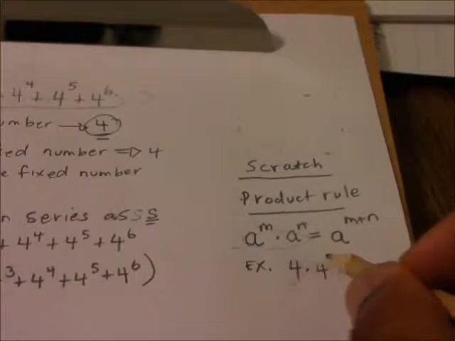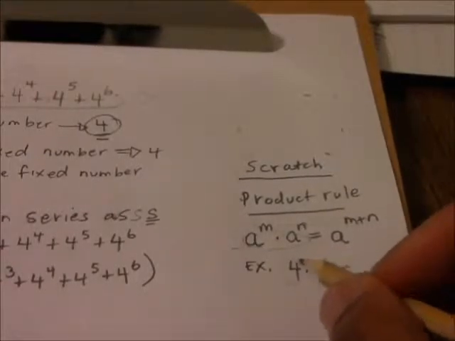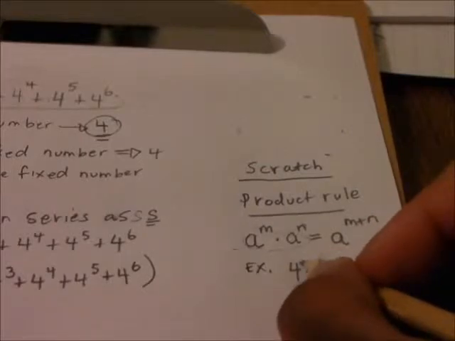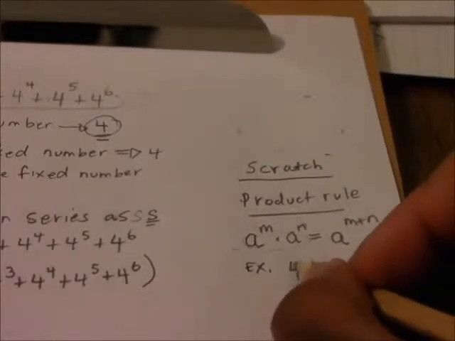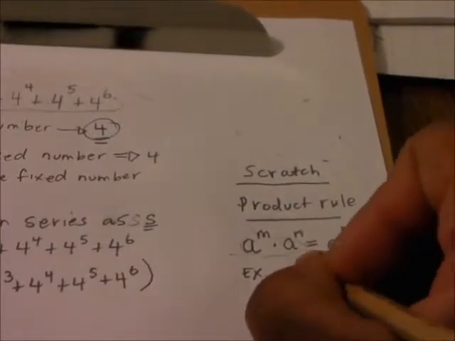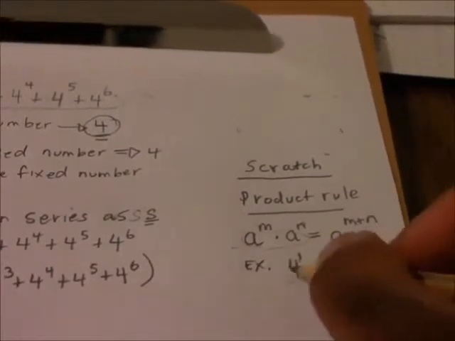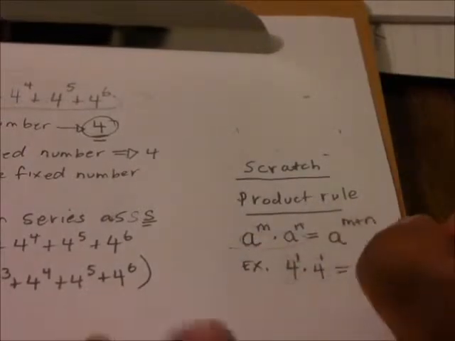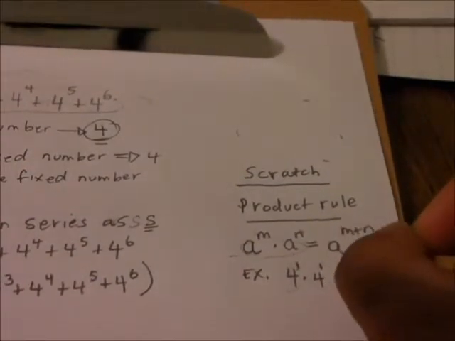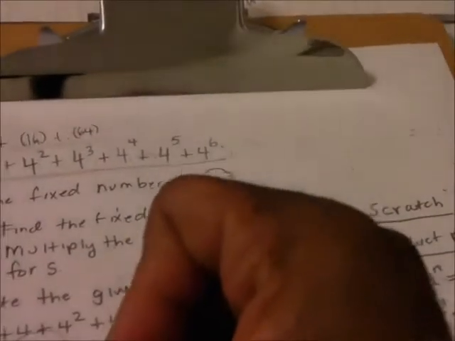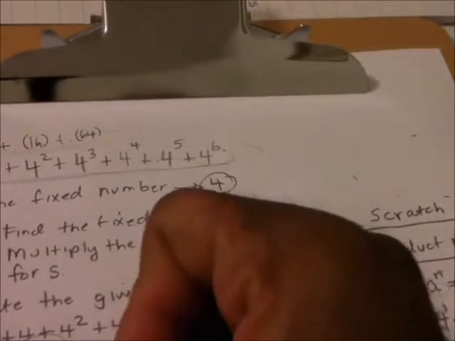If there's no exponent shown, a regular 4 is understood to be 4 raised to the power of 1. When you have these two same bases, you can add the exponents, 1 plus 1, which equals 4 to the second power. And that's how we get 4 to the second power.